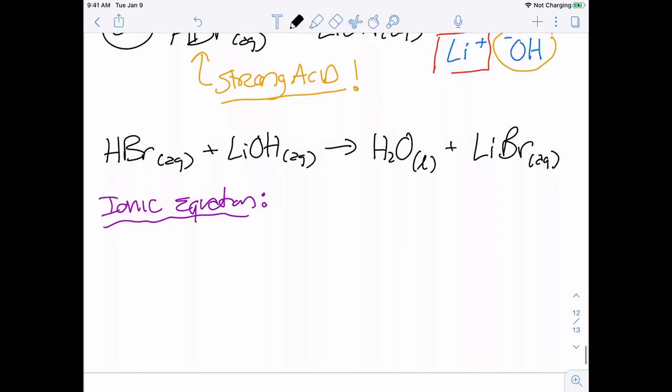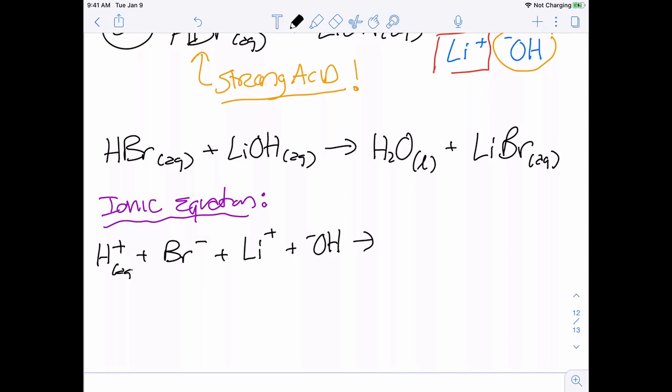So back to my ionic equation. HBr is a strong electrolyte, it's a strong acid, so I'm going to separate it. I have one of each. Lithium hydroxide, if you use your solubility rules, you'll find out that it's a strong electrolyte. So I'm going to separate it.